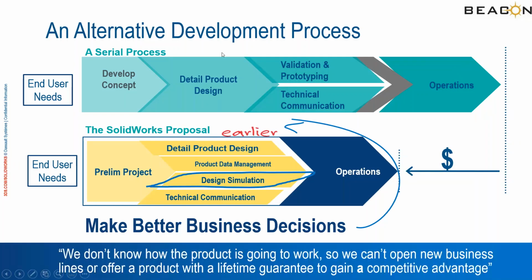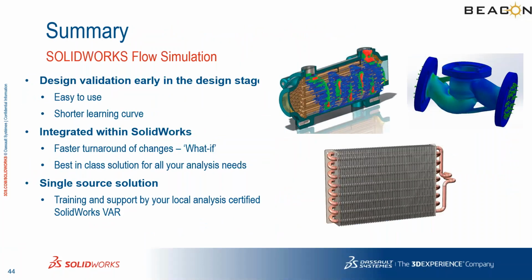So it will typically replace the serial process with a parallel process, and we can make better design decisions early in the stage. So in summary, design validation can be done early in the stage. Of course, it is integrated with SOLIDWORKS, and it will answer what-if scenarios extensively right away. And it is a single source of solutions.